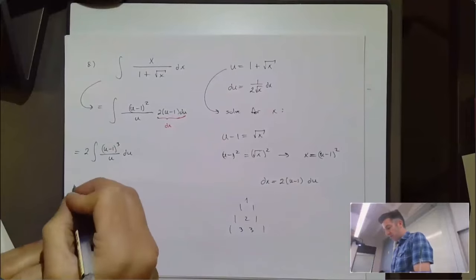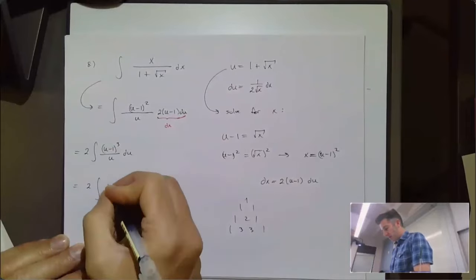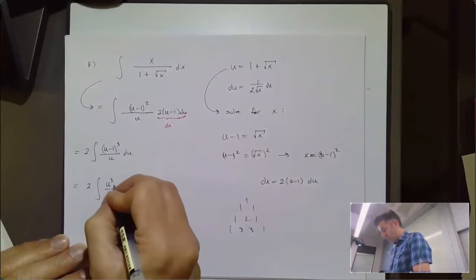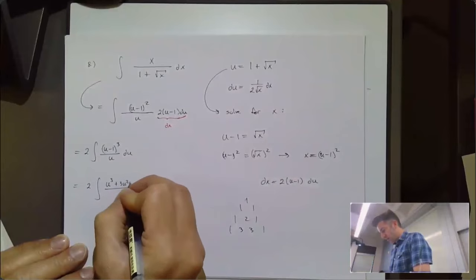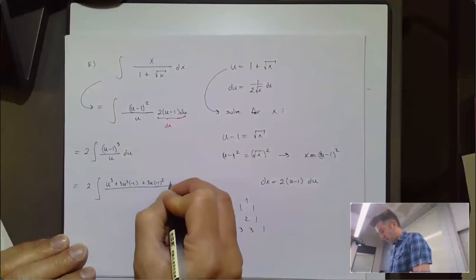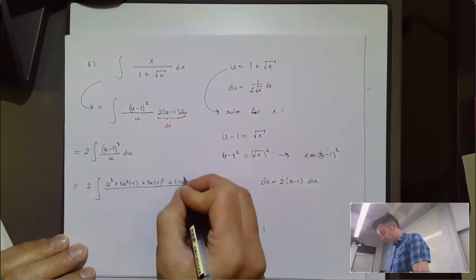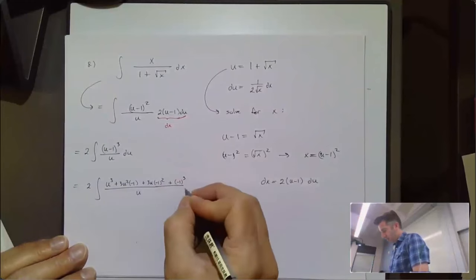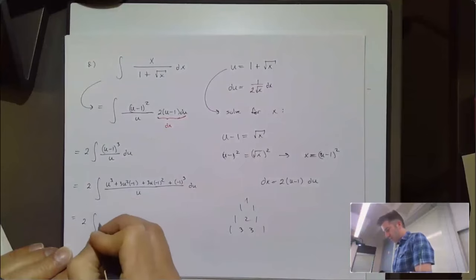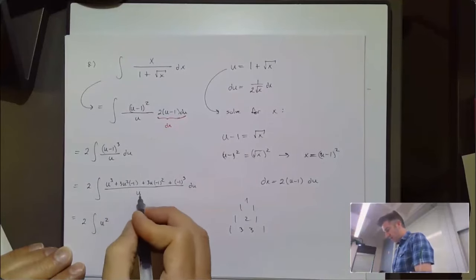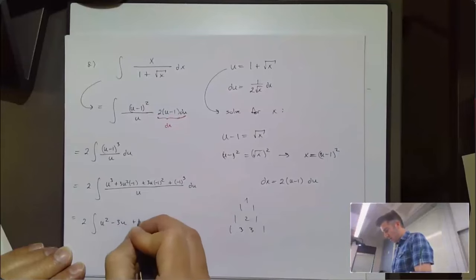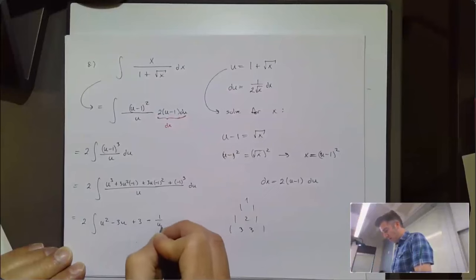This is going to equal 2 times the integral of 1 times u cubed plus 3 times u squared times -1 plus 3 times u times -1 squared plus 1 times -1 cubed, all divided by u. So that's going to equal 2 times the integral of u cubed over u is u squared, minus 3u squared over u is minus 3u, plus 3u over u is plus 3, minus 1 over u.